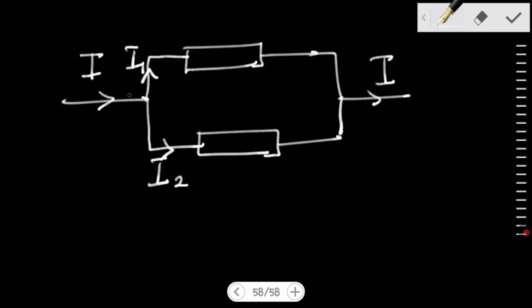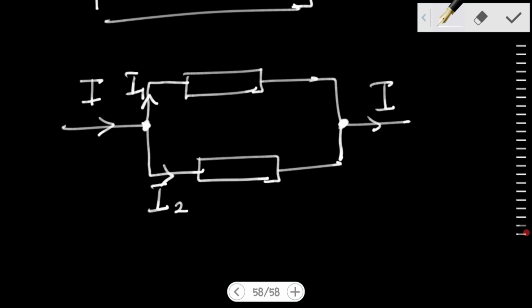The current was split from this point, which I can refer to as a node, and then joined from here, I1 plus I2 forming I again.